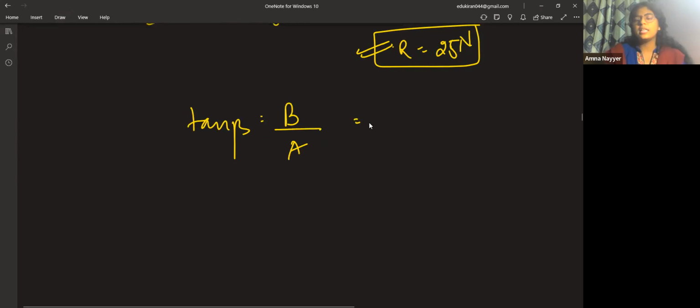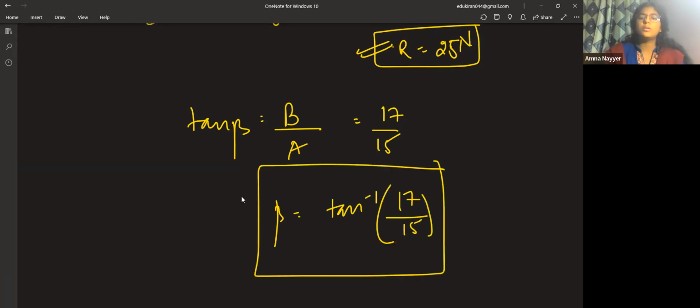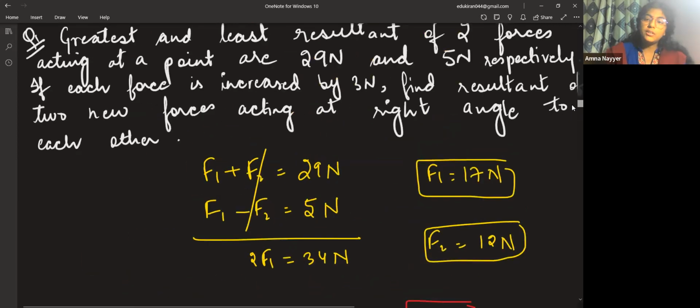So that is 15 divided by 20, and beta is equal to tan inverse of that. So the magnitude with the direction, this is our complete answer. Note it down, and if you have any doubts, get them clarified.